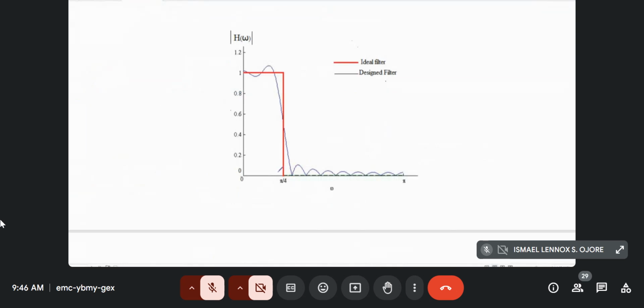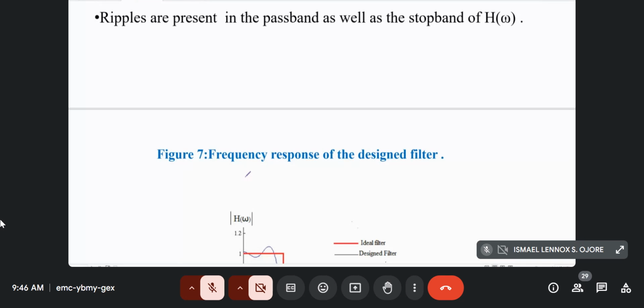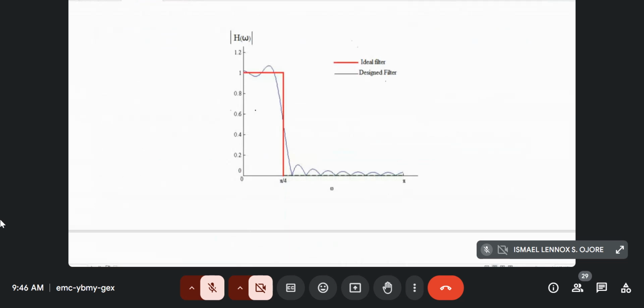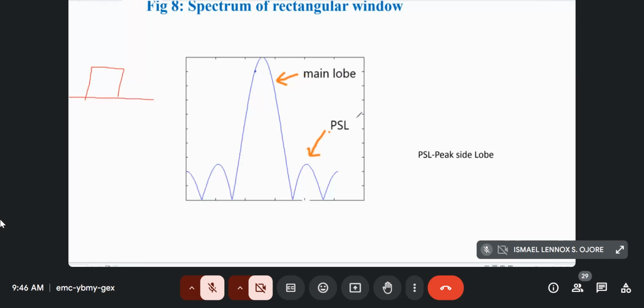That's why sometimes we don't use the rectangular window. You try to use windows that will compensate some of these effects. These other windows, the Hanning window, the Hamming window, they would give us a better side lobe and a better main lobe.